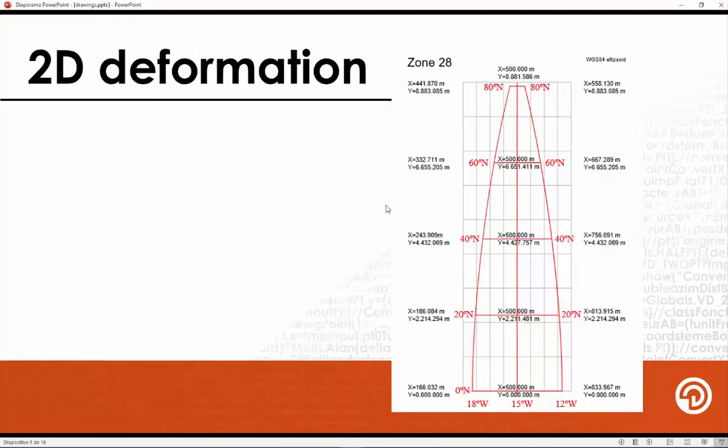Here you have an illustration of the zone 28 of the WGS 84 ellipsoid, but it works the same for UTM. Zones are defined with parallel lines, but in reality, because of the spherical aspect of the Earth, it will be larger close to the equator and smaller toward the poles.